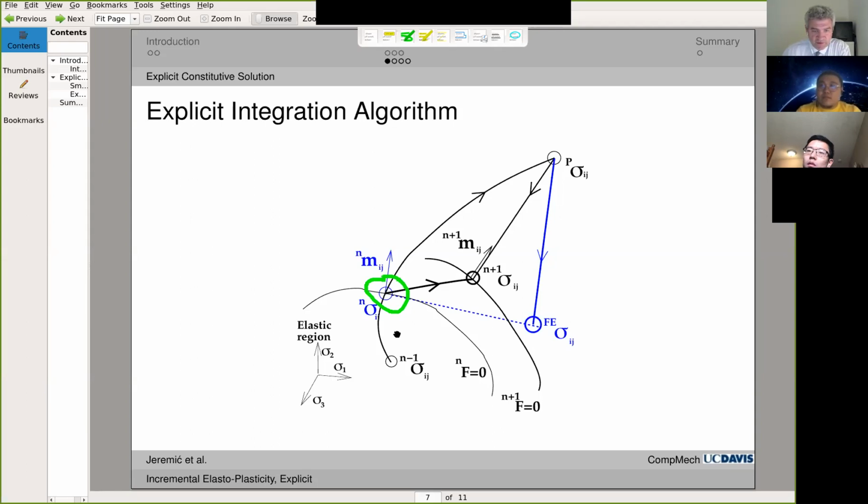Once you find that, then you have actually 2 steps here. I have one elastic step that goes from my current state of stress to the cross point. And then I have an elastic plastic step that goes from this cross point up to my predictor point. You note that this predictor point is outside the yield surface. Therefore, that's a state we do not allow. This is where F is greater than 0. We do not allow that.